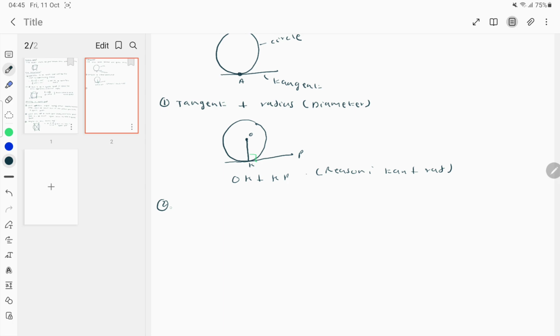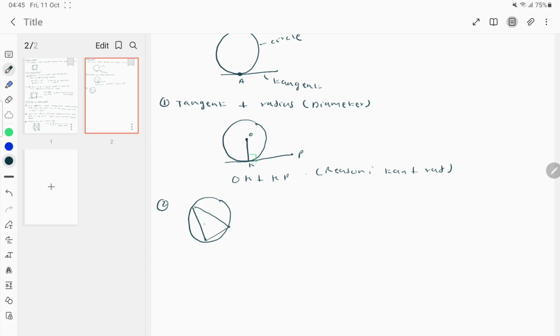The second theorem under tangent is tan chord. I love this theorem. I don't know why I love it, but I do. For tan chord, you're going to have a circle, and then inside the circle, you're going to have a triangle. Please note that all three corners of this triangle have to touch the circumference.